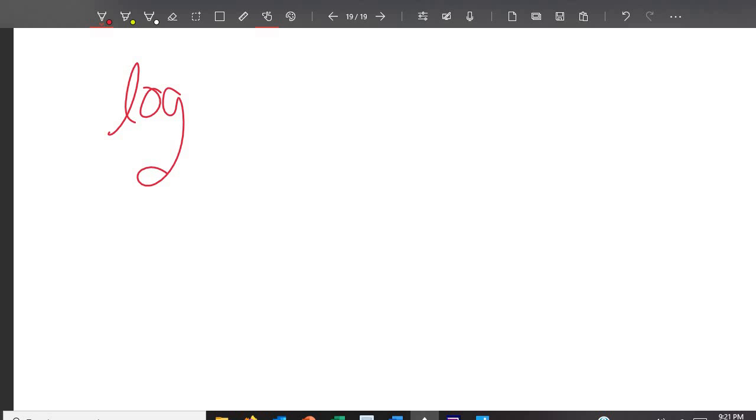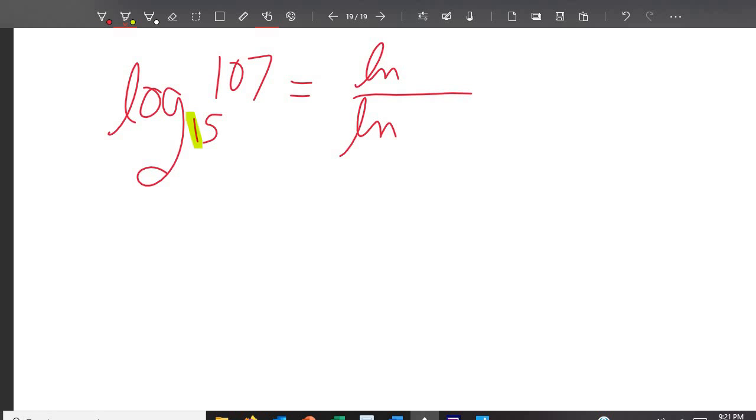Let's say I had log base 15 of 107. What I can do is put an ln up top and an ln in the bottom. The original base goes in the bottom. The other number goes in the top. So for any log that I can't do on the calculator, we can use this special property to use the calculator.